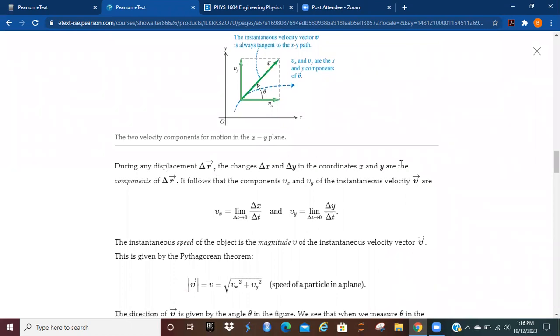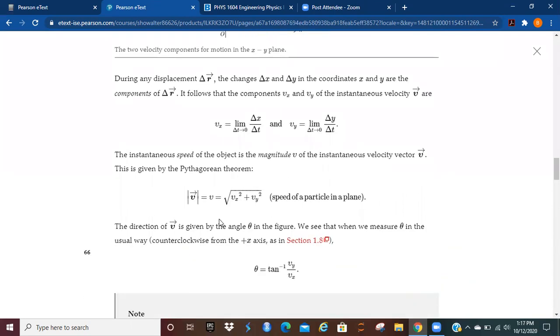And if you look at the displacement and you're looking at the change in the individual coordinates, for V in the x direction, you're looking at the limit as delta t goes to 0 of delta x over delta t. Same thing goes for the y direction.